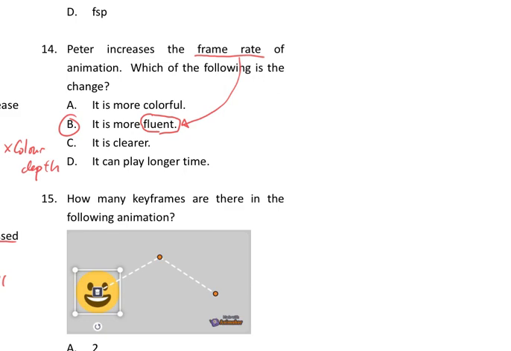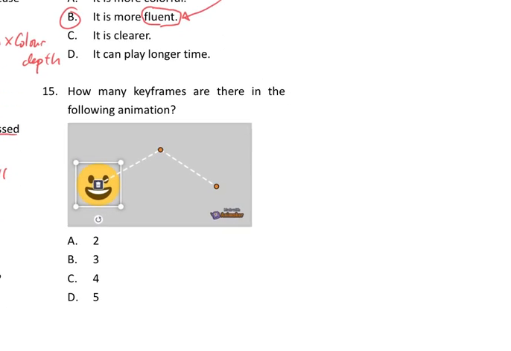And then question 15, how many keyframes are there in the video? We can see that the orange dot represents the keyframe. But please don't forget, at the very beginning there should be the first keyframe. So there are 3 keyframes in this animation.